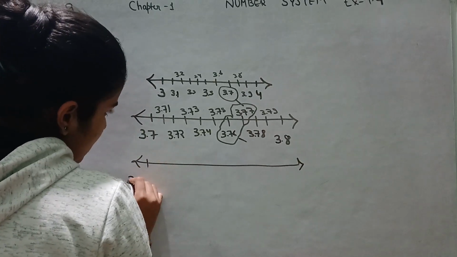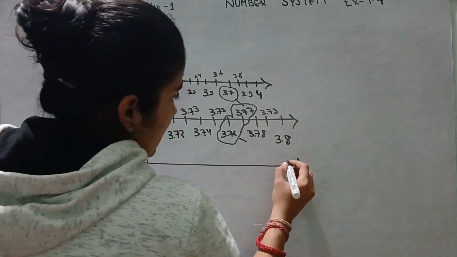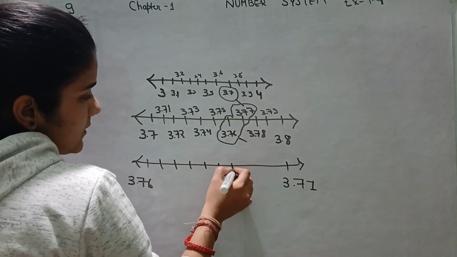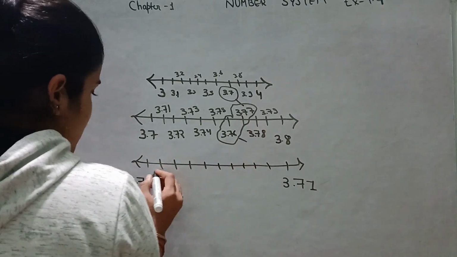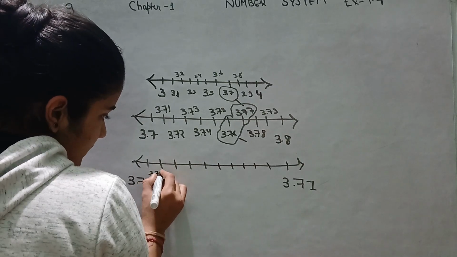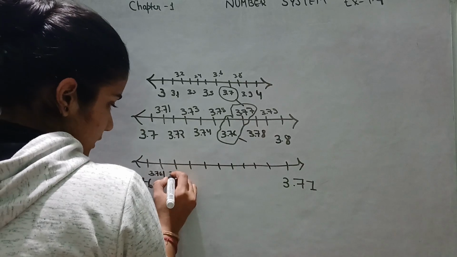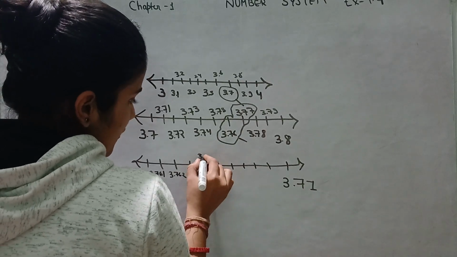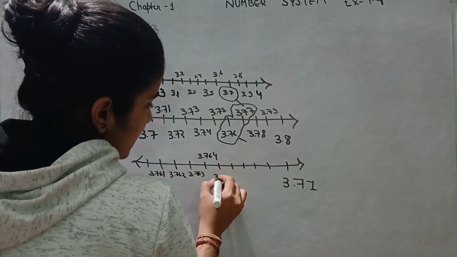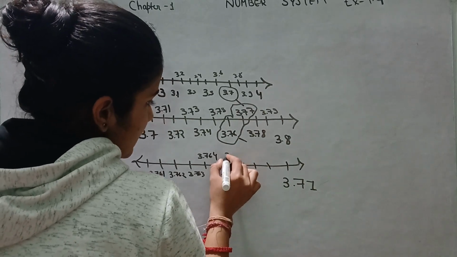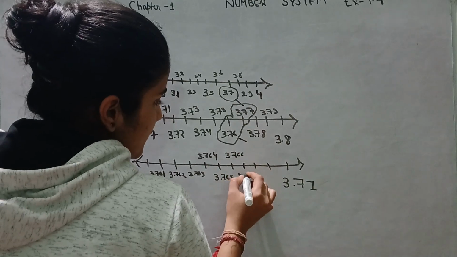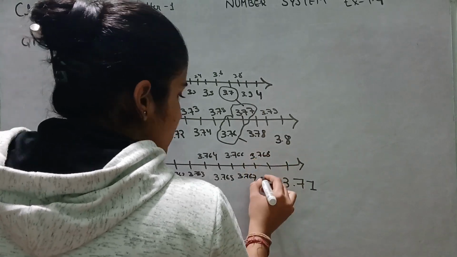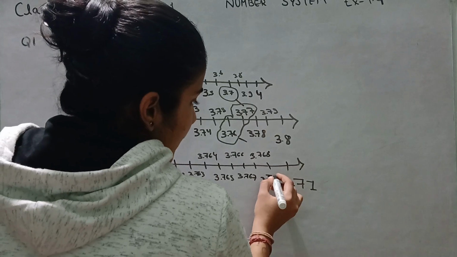What we do is 3.76 and 3.77, right? 1, 2, 3, 4, 5, 6, 7, 8, 9. 3.761, 3.762, 3.763, 3.764, 3.765, 3.766, 3.767, 3.768, 3.769.